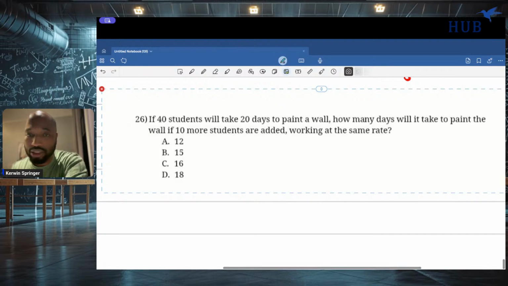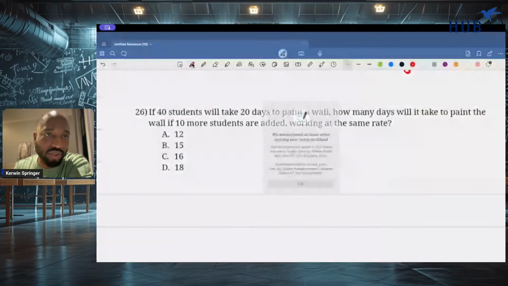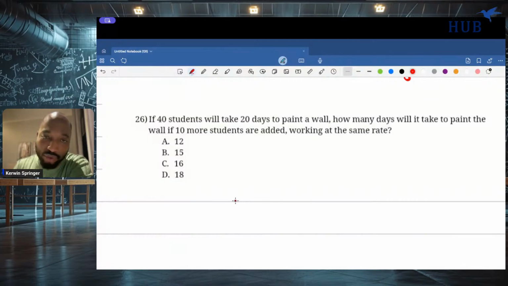If 40 students, we did this one already, Gina. I showed you how to do it in a primary school way and in the secondary school way. I pick the primary school method for now. 40 students take 20 days, 10 more students would mean 50 students.